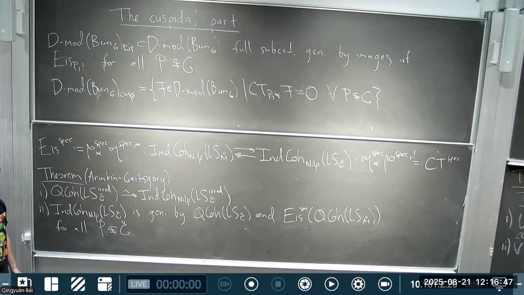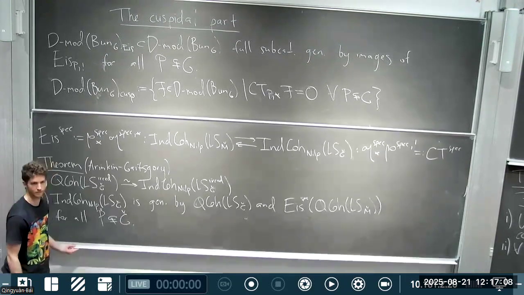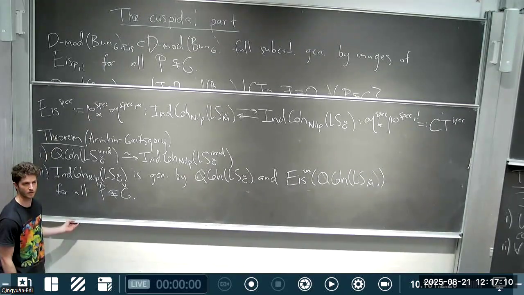Right, exactly, in accordance with the general philosophy of parabolic induction. We can also change this statement and say that if you take IndCoh with nilpotent singular support for parabolics, you will get exactly QCoh for the Levi.